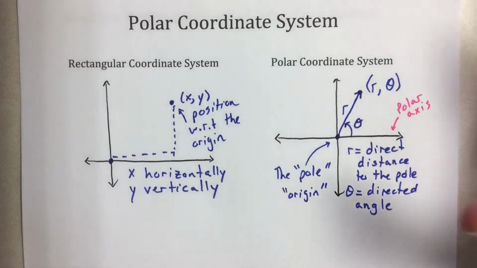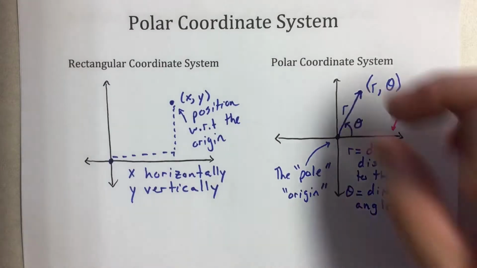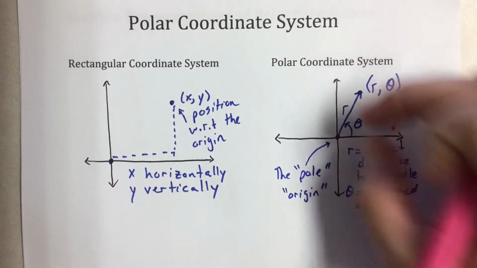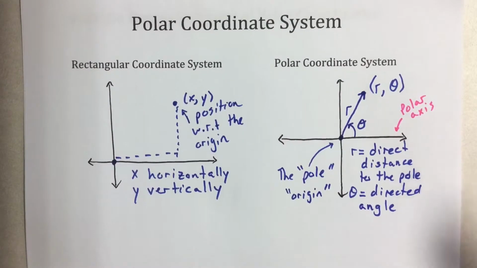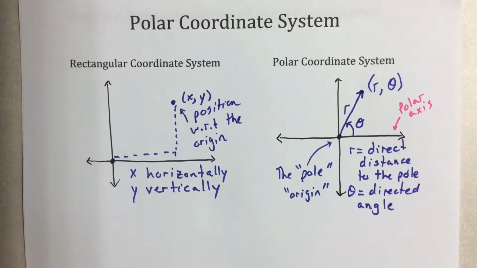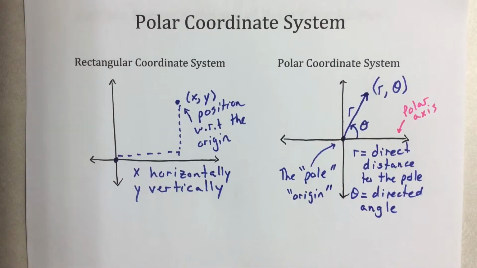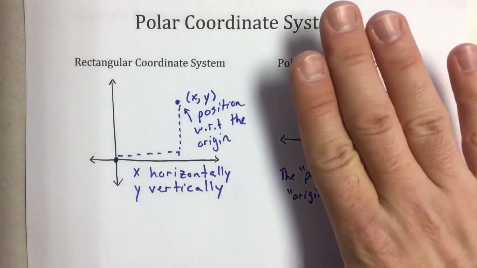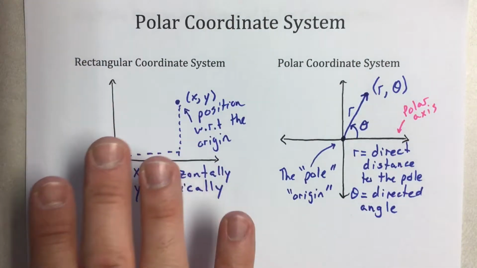So the main difference is that we're not looking at left, right, up and down movement. We're looking at a direct distance, a radius, and then the angle of turn from the x-axis, or we call it the polar axis. All right. So let's try plotting a couple points in this polar system. I could overlay this coordinate system on top of the rectangular coordinate system.